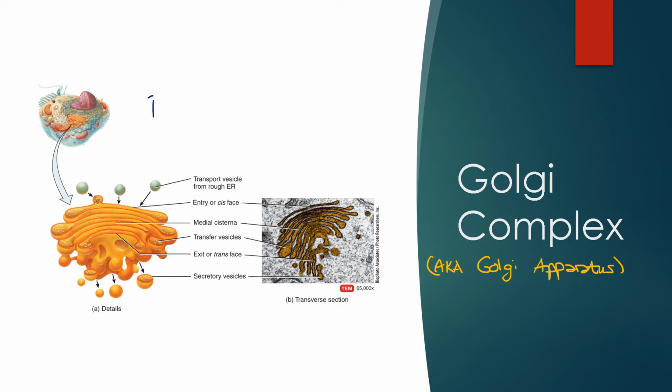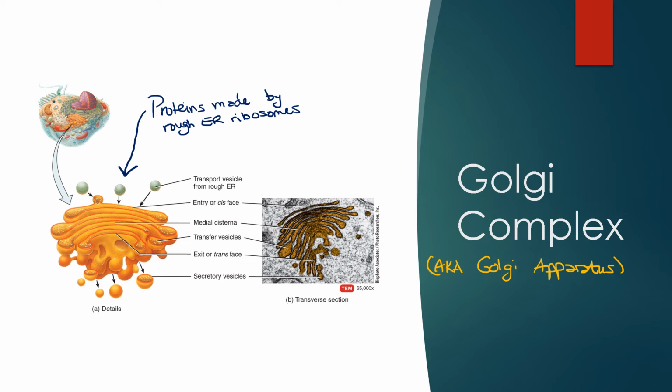So these are going to be proteins made by rough ER ribosomes that come to the Golgi apparatus. So this is going to be the first step after those proteins are made in the rough ER. They're going to come to the Golgi complex.